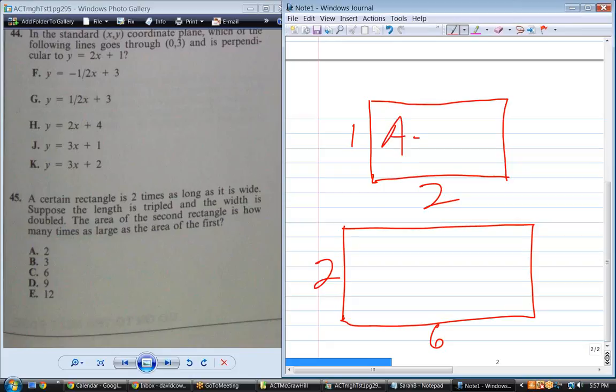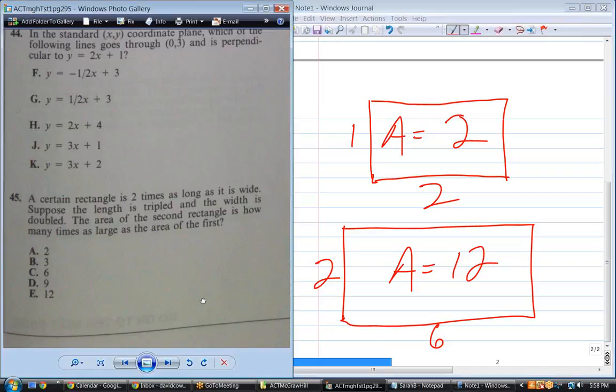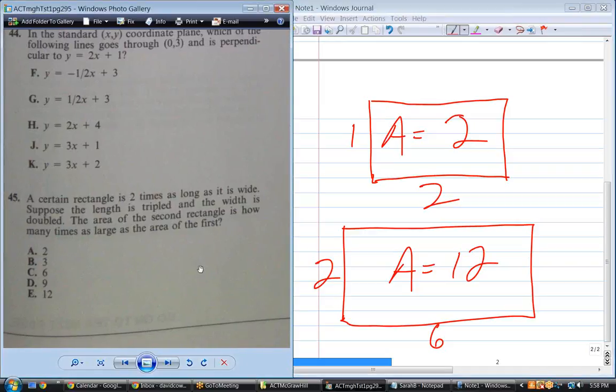Area of this one? 2. Area of this one? 12. How much bigger? What's the ratio? The area of the second rectangle is how many times as large as the area of the first? 6 times. Very good, yes.